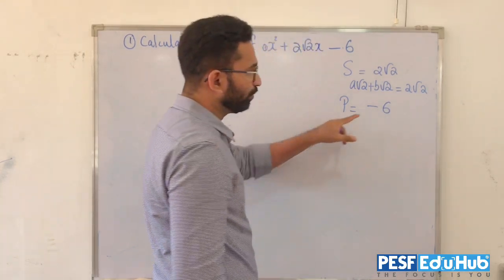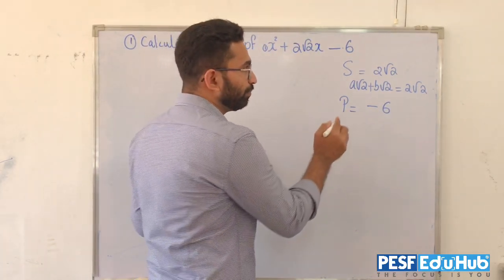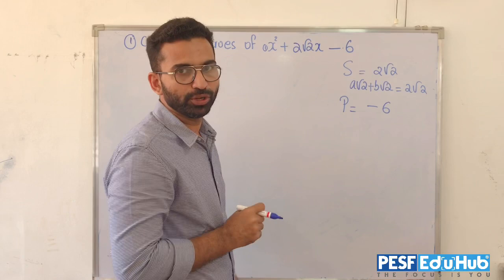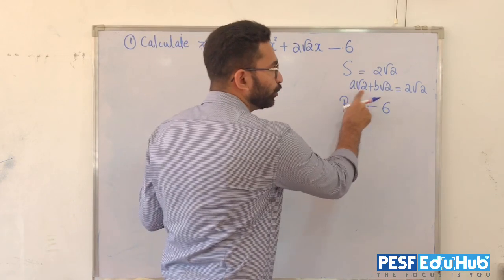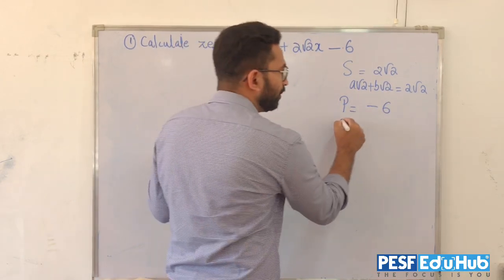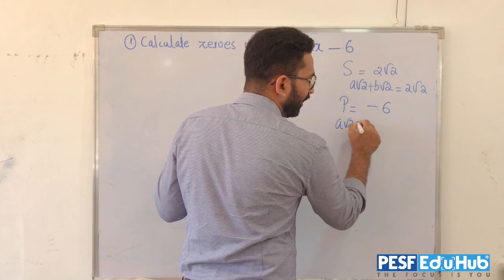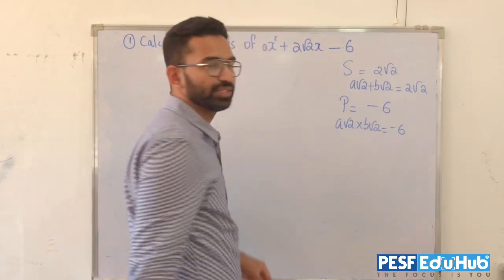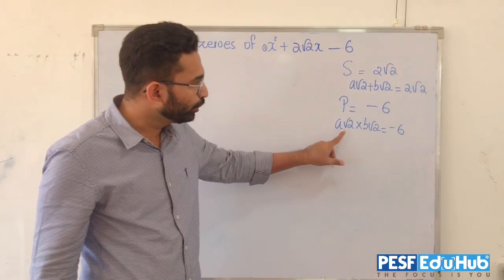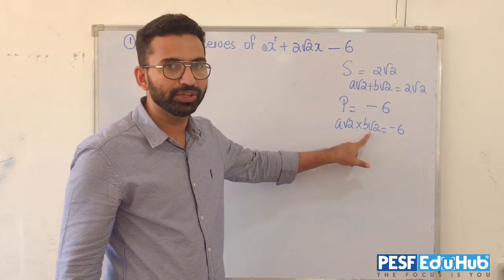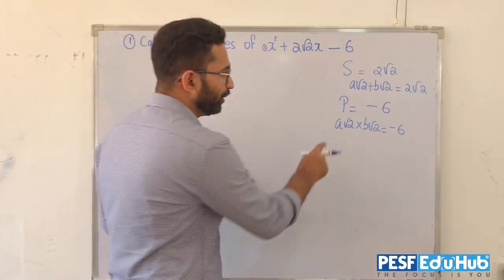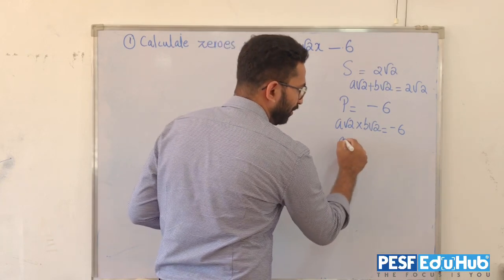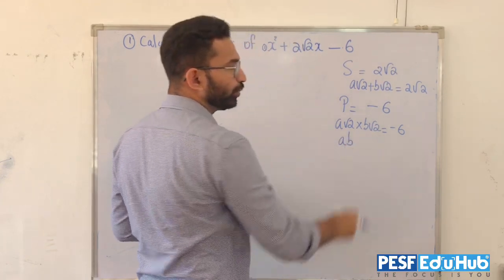So what is the meaning of this minus 6? Don't think that a and b are simply your numbers. Your numbers are a root 2 and b root 2, right? So the meaning is that when I multiply a root 2 and b root 2, you will get minus 6. Do you know how to multiply a root 2 and b root 2? When you multiply, a into b is ab, and root 2 into root 2 is how much?